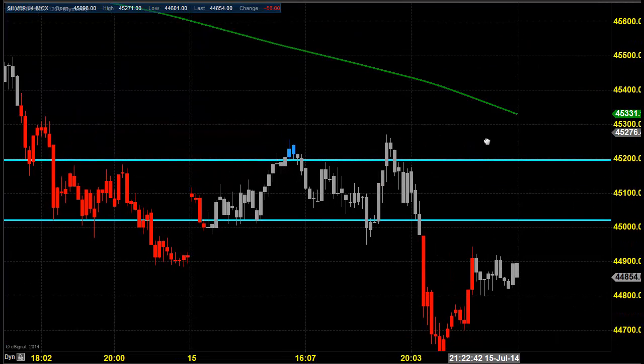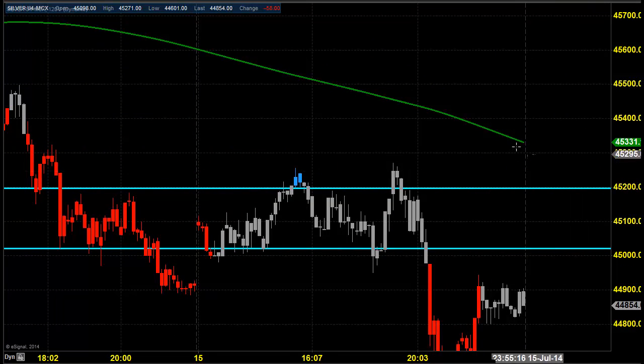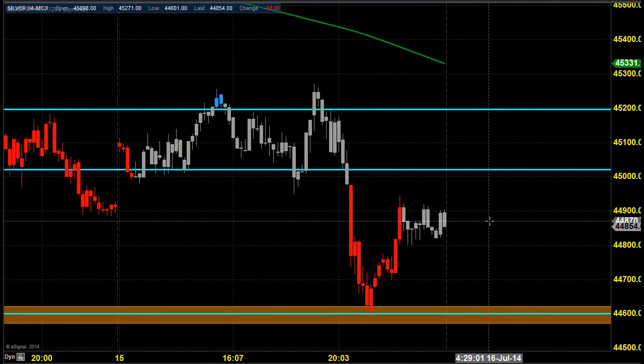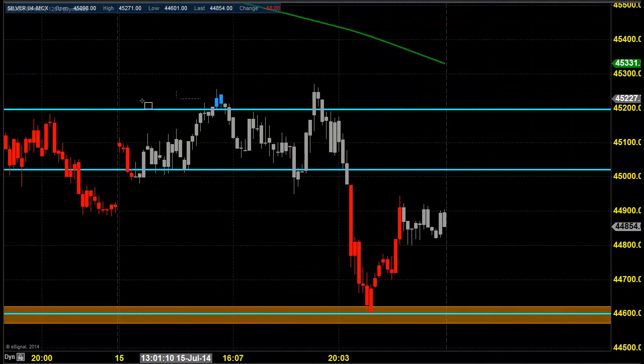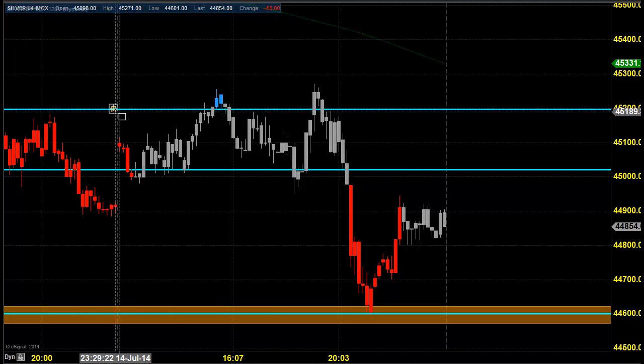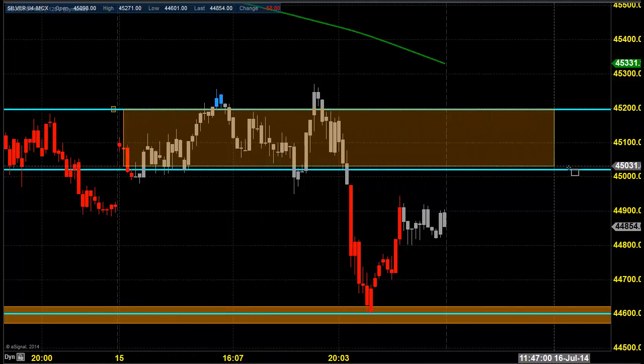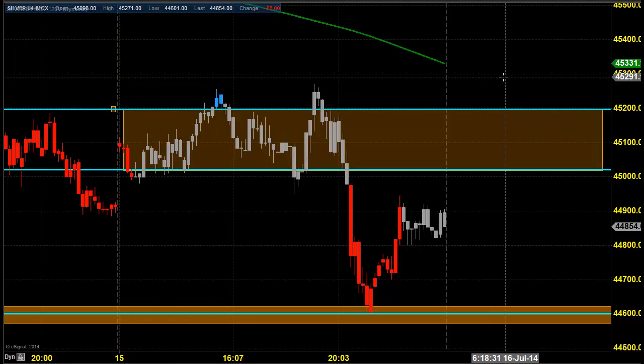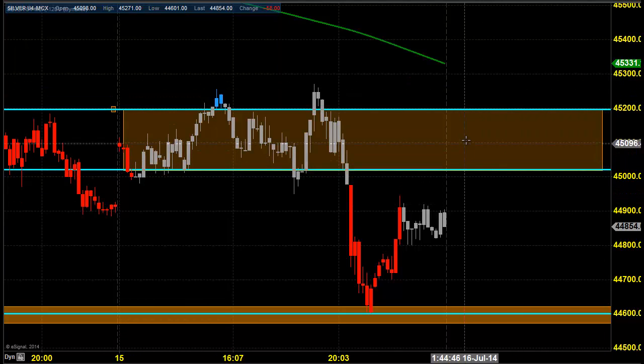Since the moving average looks like it's providing a strong resistance around 45,200, our strategy for today is going to be a bit different from what we followed earlier. We will be targeting this particular zone of 45,000 and 45,200, which means that we are expecting a resistance from this area.